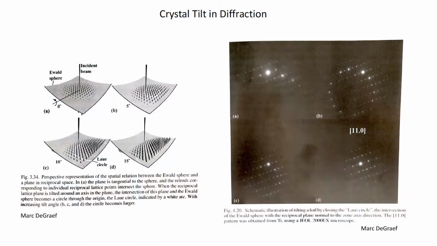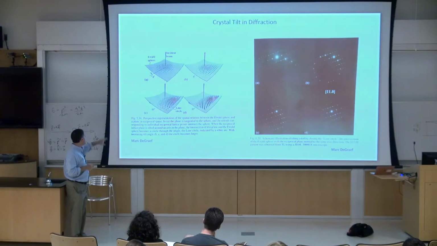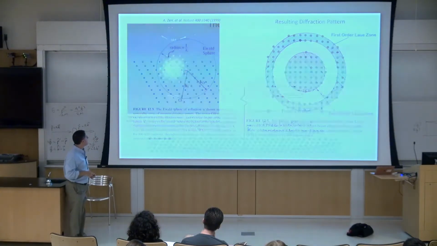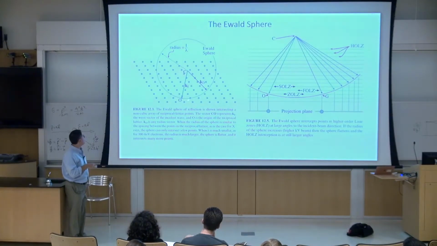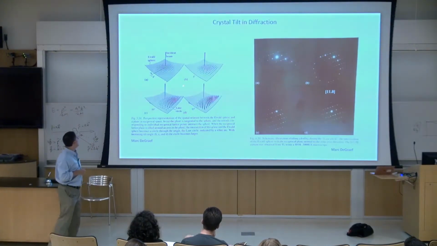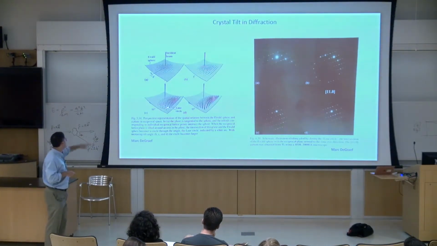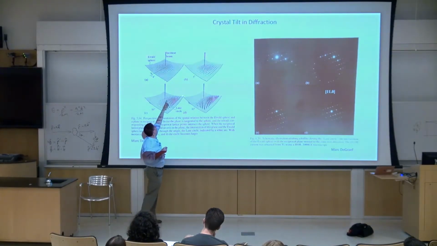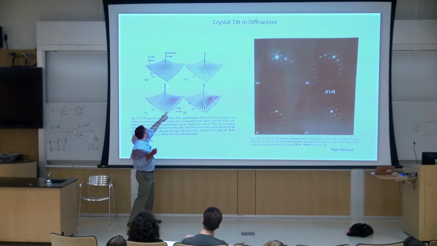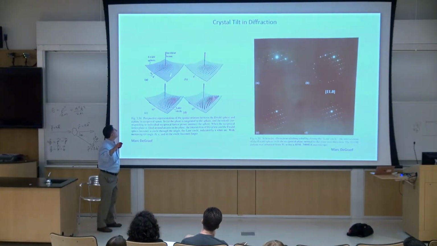Now, if my crystal is tilted, then my Ewald sphere is not going to intersect this nice flat thing like this. It's going to look more like something like that, where it's intersecting at a random orientation. And so what you can see here is as we tilt, the Ewald sphere cuts through the crystal not centered around the central spot, but off to the side.